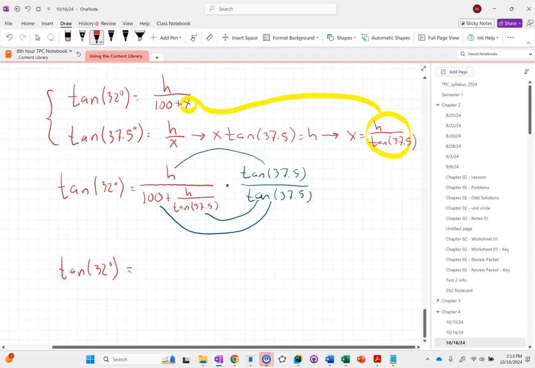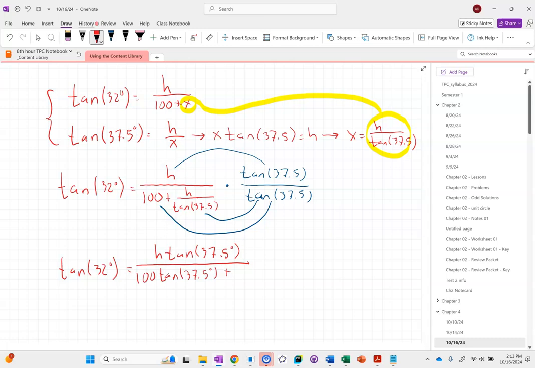So when I multiply h times tan 37, I just get h times tan 37. When I multiply 100 by tan 37, I just get 100 times tan 37. But what do I get when I multiply tan 37 by h over tan 37?